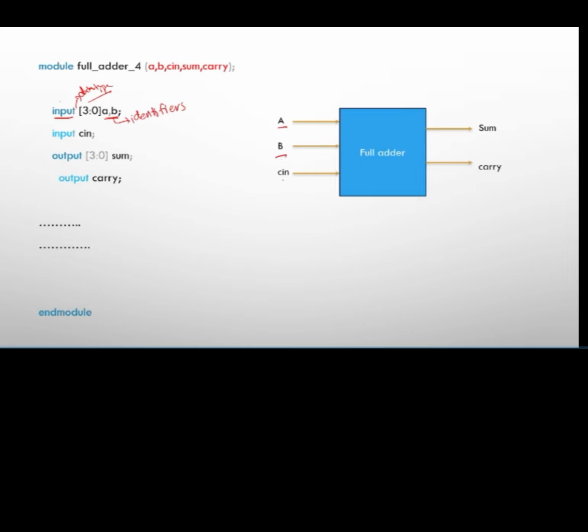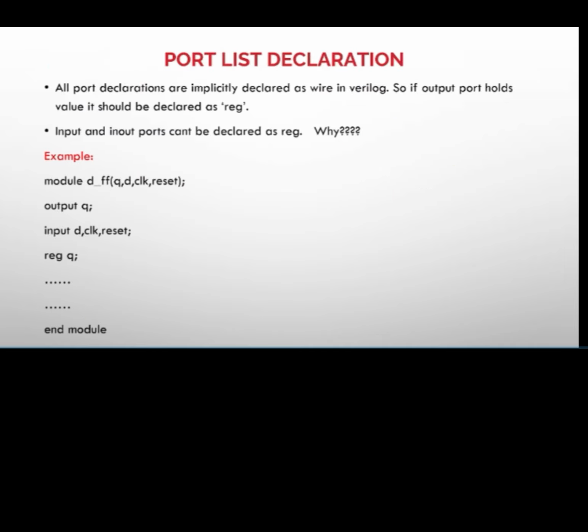Here it has three ports, so these are identifier names like a, b. And this is the vector representation, I have already discussed what scalar and vector are, you can check there. If you see here, this is the scalar representation of the port. In this way you will be declaring the ports. You should remember to write the direction of the port and then the identifier name, and if necessary you can write any data type. This is how you declare a port.